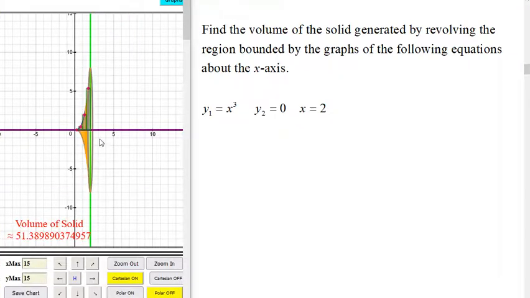And when we revolve the bounded region about the x-axis, this is what the solid of revolution looks like.